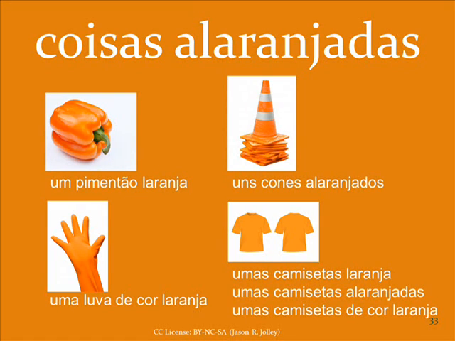Glove. Uma luva de cor laranja, or just laranja. Feminine plural, camisetas, t-shirts. Umas camisetas laranja. Umas camisetas alaranjadas, or umas camisetas de cor laranja. So a few different options.